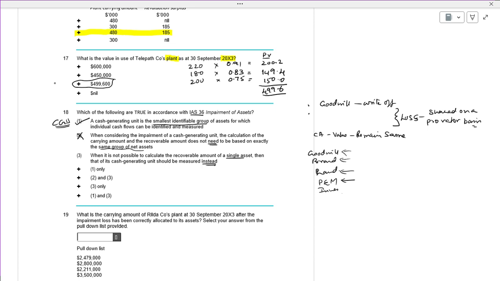Then the cash generating unit is measured, and we work on a pro rata basis. This is right. Refer to cash generating units, both points are there. The answer is 1, 3.